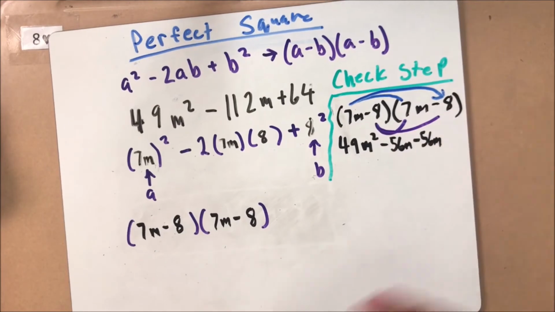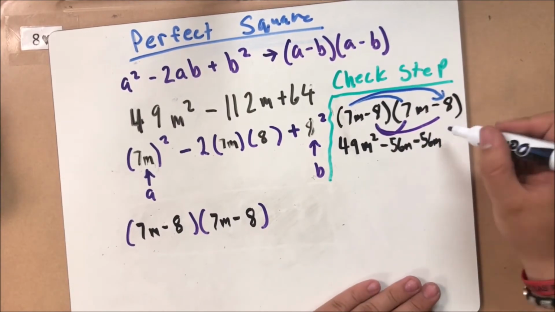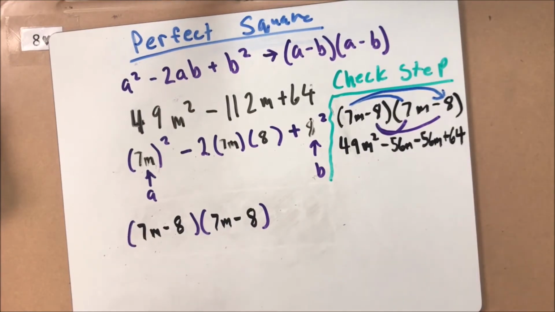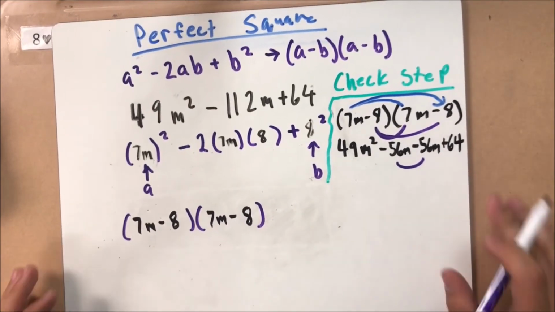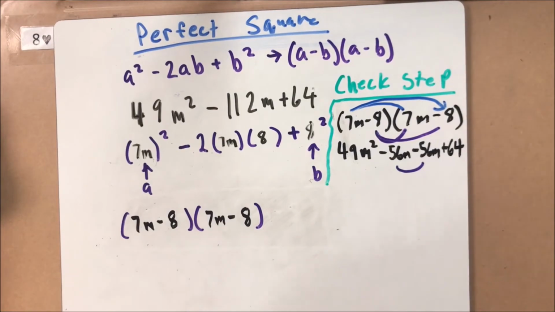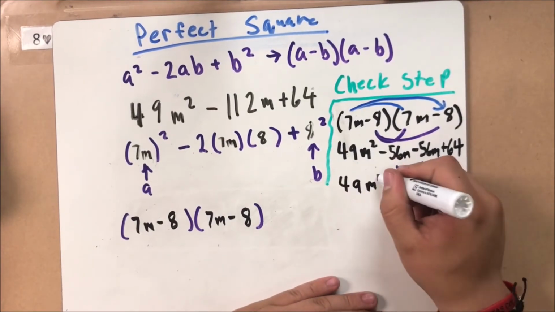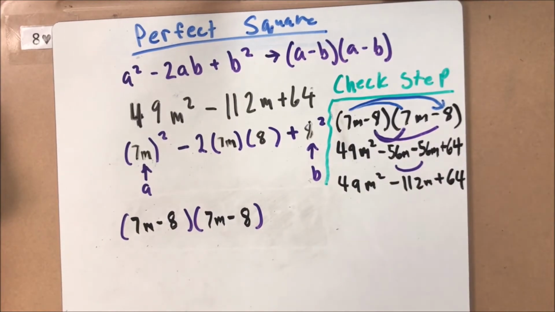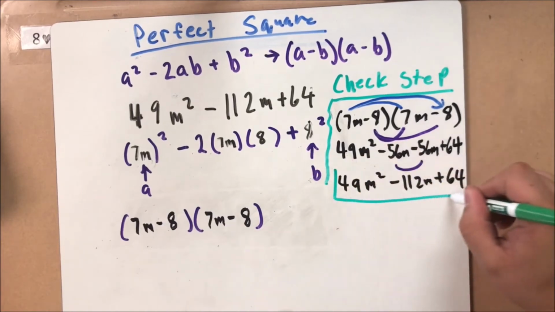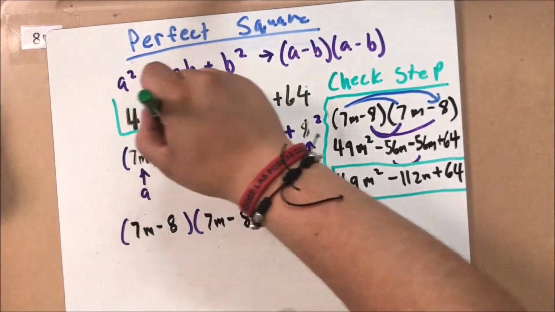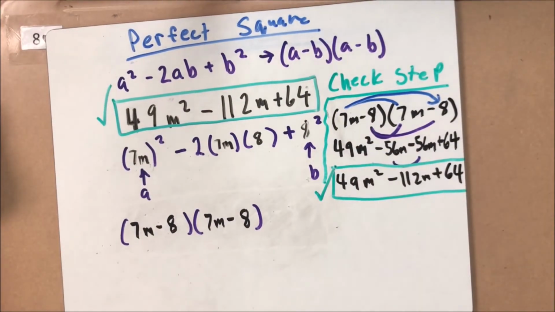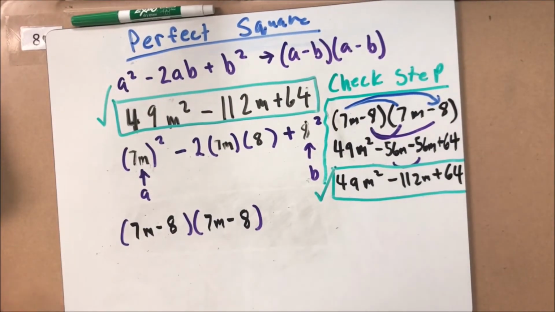And then negative 8 times negative 8 is positive 64. You combine like terms, and your answer should be 49m squared minus 112m plus 64, which is the question we started out with originally. This means that your answer is correct.